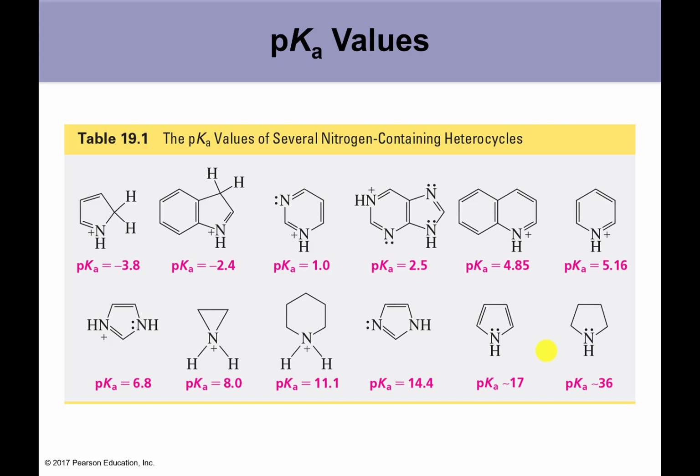But from this chart, really the point of this chart is to show how the pKa's vary amongst the different nitrogen-containing heterocycles. So the ones that are saturated, for example, pyrrolidine, are essentially the same as ammonia. The pKa's are high.